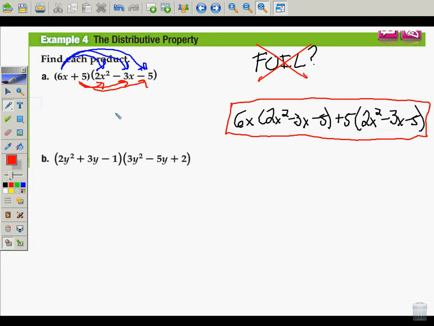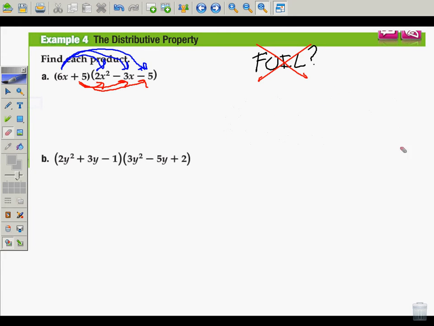It's just easier to think about it as FOIL. Okay? So you just distribute the first part to each piece in the second part. And then just to make sure I have room, I'm going to erase this part over here on the right. But again, if you want to write it that way, feel free.